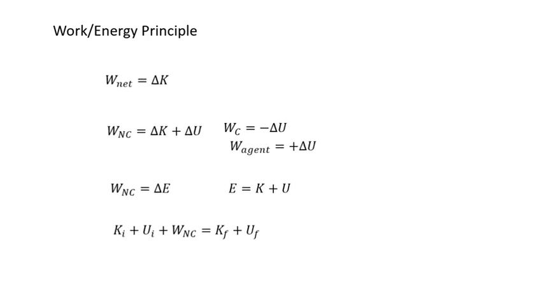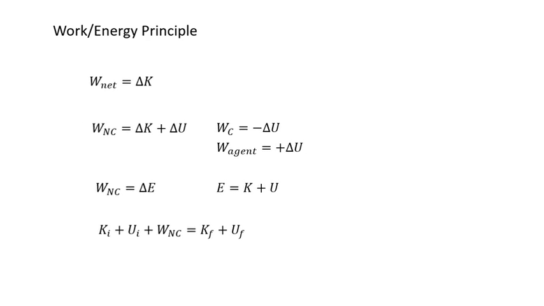Now, I'll just rearrange these into more of a formula sheet where we have the work energy principle proper. We have several intermediate alternate forms with some definitions along the way of conservative work and total energy. And then the final form is the one that we'll use most of the time.